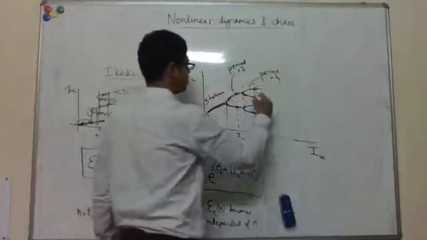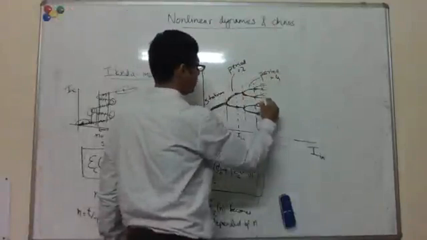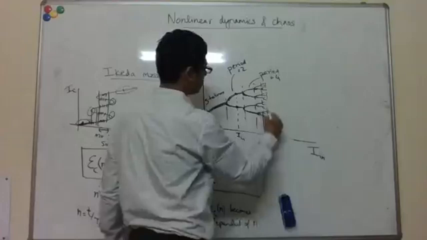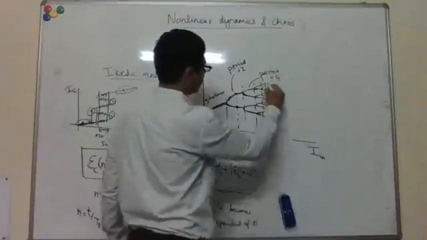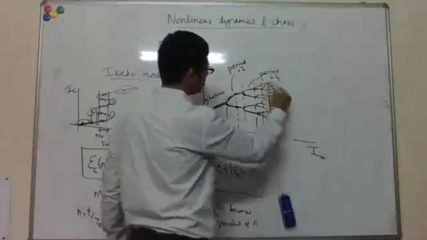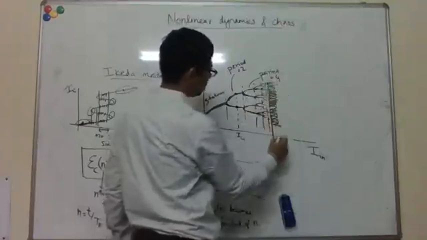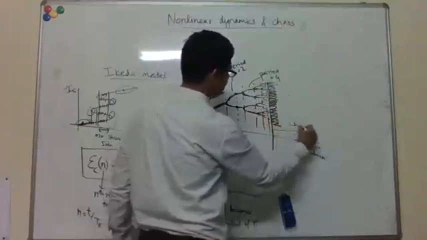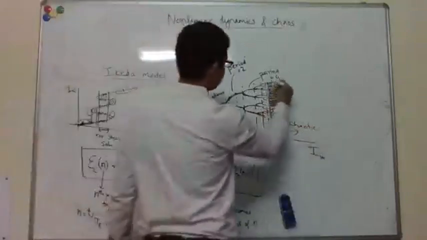And eventually this keeps doubling, closer and closer. Eventually you reach a threshold after which this is totally dense. So period keeps doubling until you reach a regime beyond a certain threshold intensity, the chaotic regime. So this is now a continuous band.